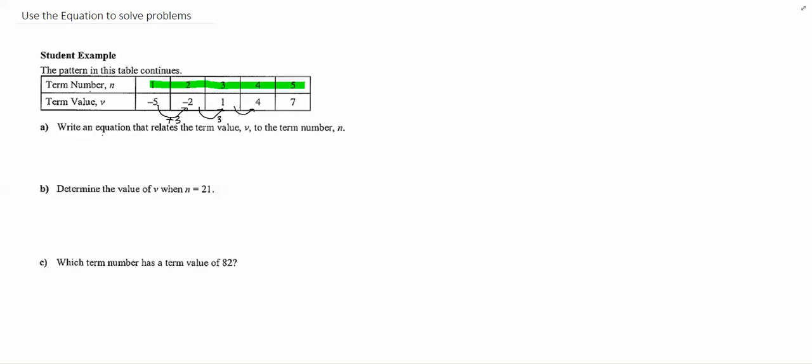So my term number, n, is multiplied by 3, and then I need to determine what I'm going to be adding or subtracting to give me the term value. So let's see, if I take 1, multiply it by 3, and I have to get myself all the way to -5.